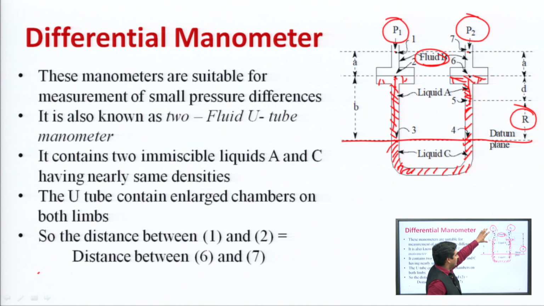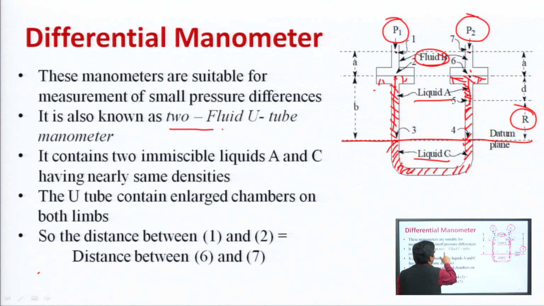It is a simple U tube manometer with enlarged chambers on both the limbs. That is, it has two immiscible liquids having different densities, but nearer to each other, not much of a difference between the densities. So, that is why it is also called a two fluid U tube manometer.